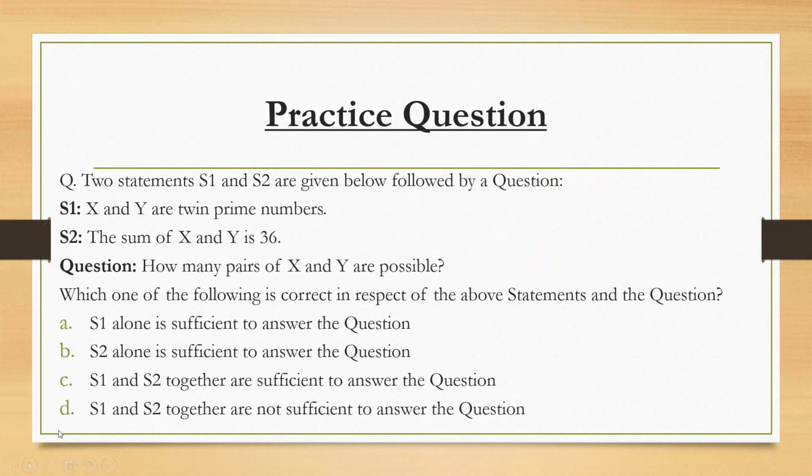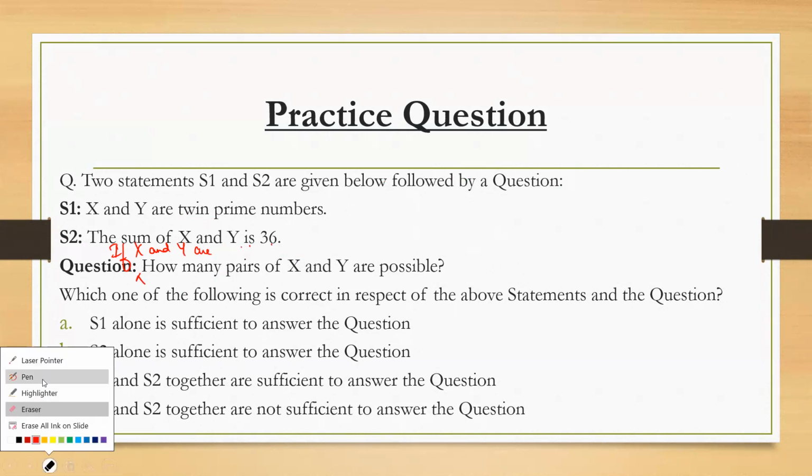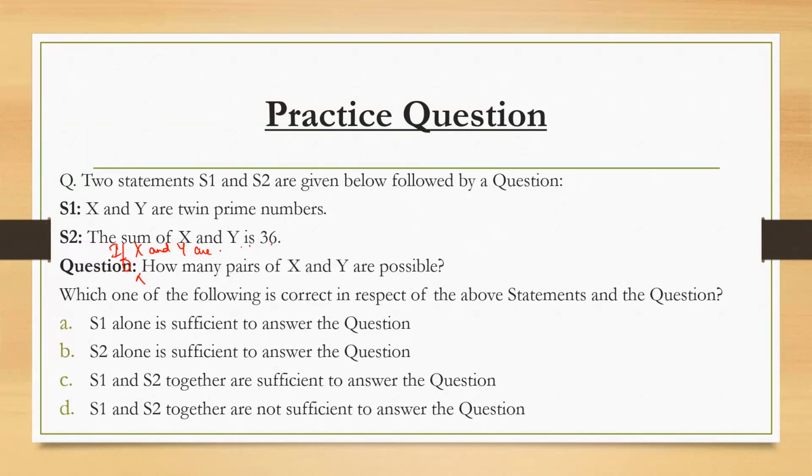अच्छा, इस क्वेश्चन में यदि मैं थोड़ा सा चेंज करूं, let me say x and y are twin prime numbers, sum of x and y is 36. अच्छा, if I say here, let's say x and y are positive integers, or let me change it a bit, let me say x and y are natural numbers.